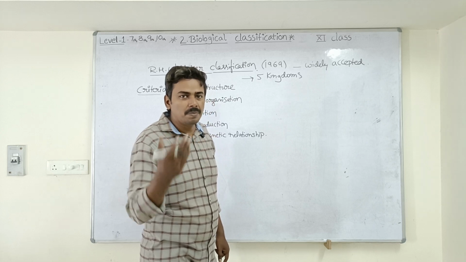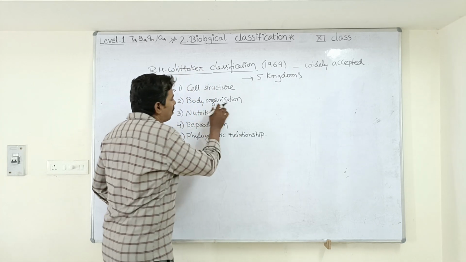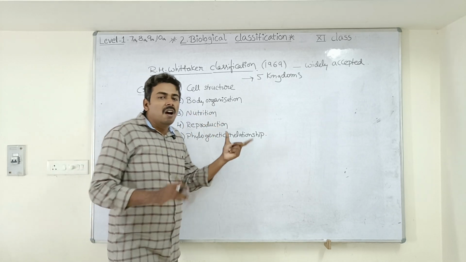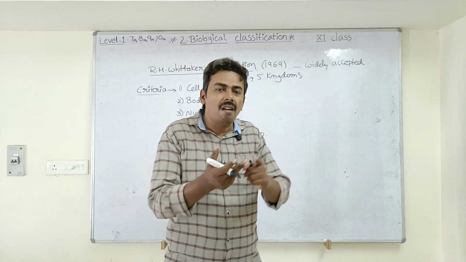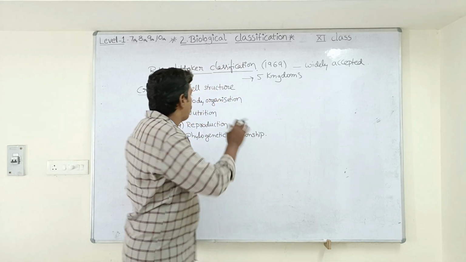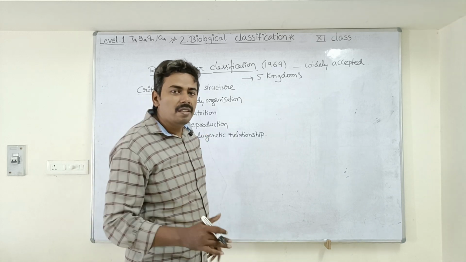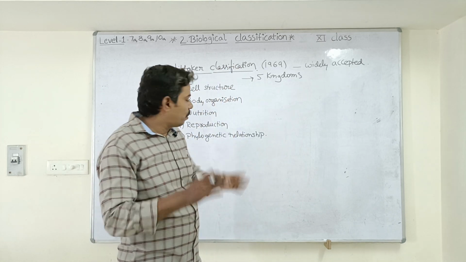Next, another criterion is nutrition: how the living organism obtains its nutrients, autotrophic or heterotrophic. Next, the fourth criterion is reproduction: by what method the organism is going to reproduce.